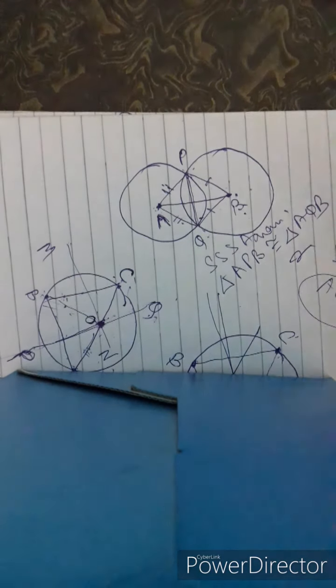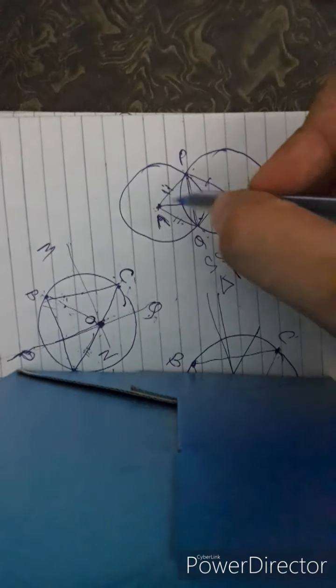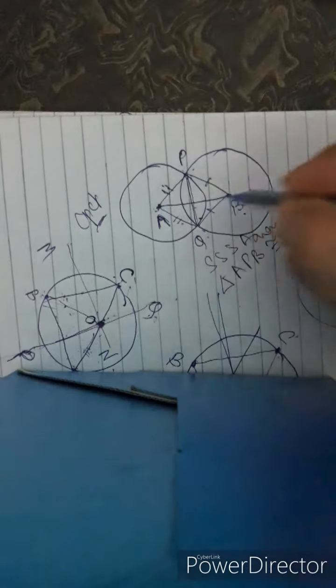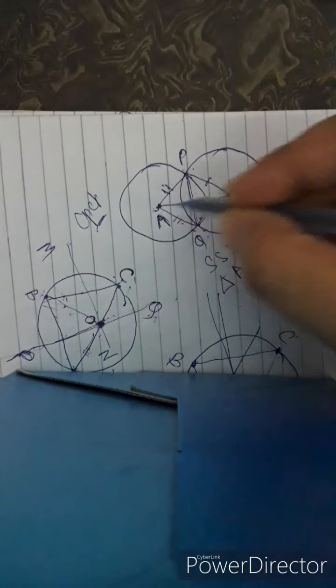Alright. After proving their congruency, by CPCT we'll take angle PAB equals angle QAB.